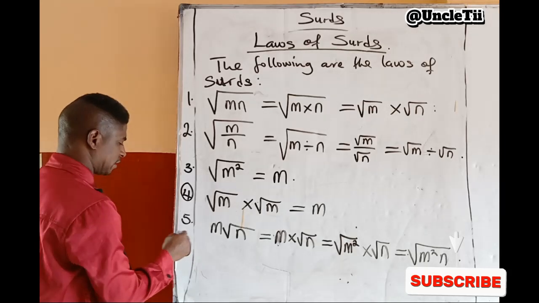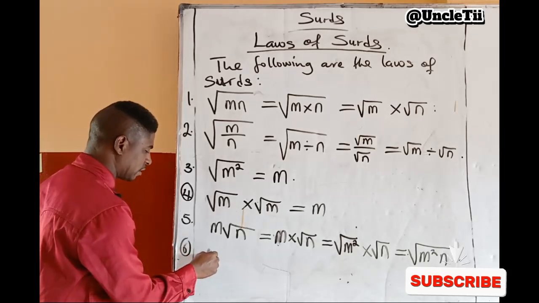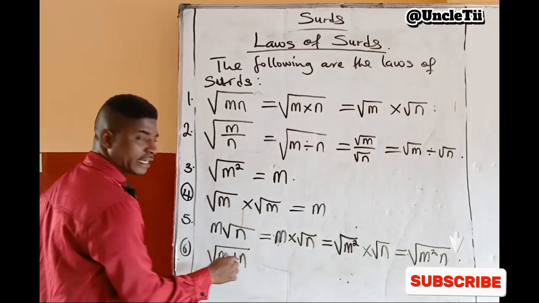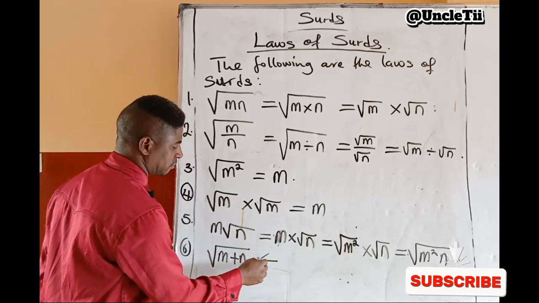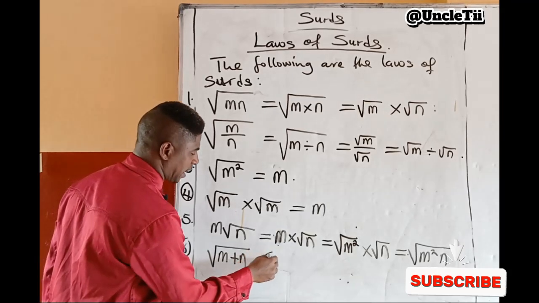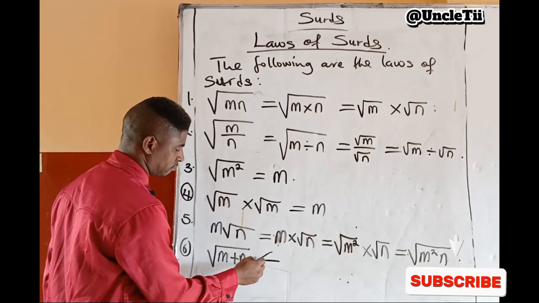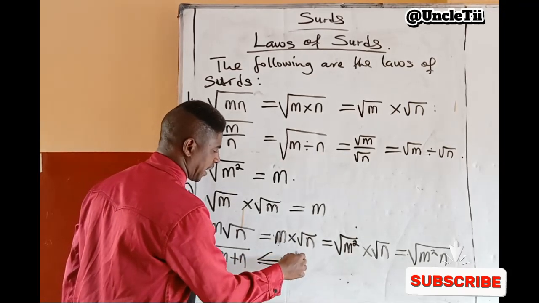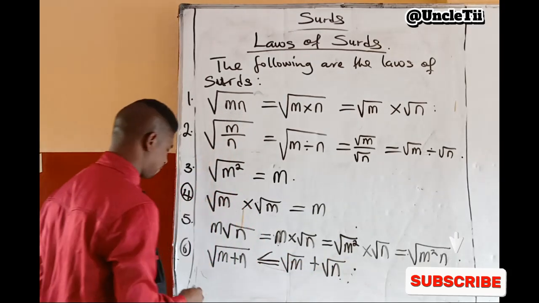Law number 6. Law number 6 tells us that root m plus n is less than or equal to root m plus root n.